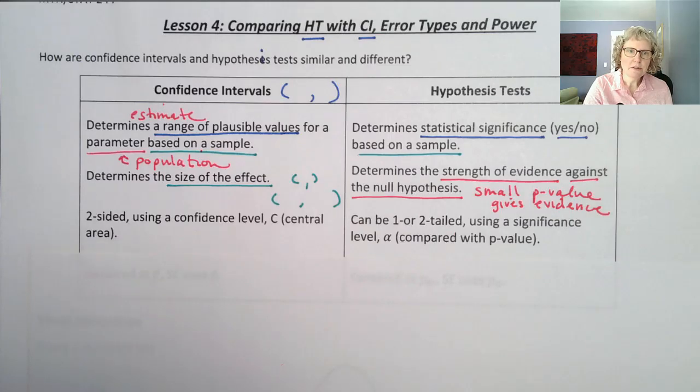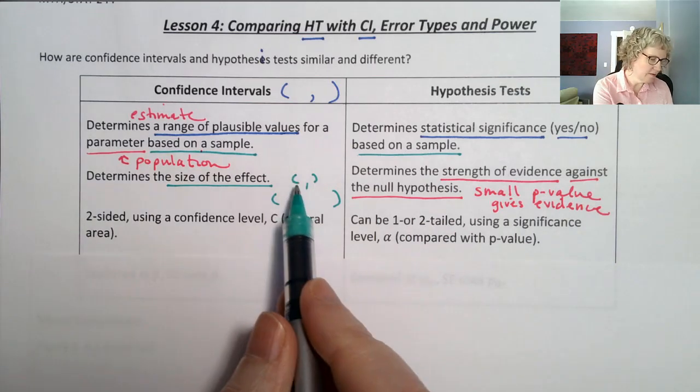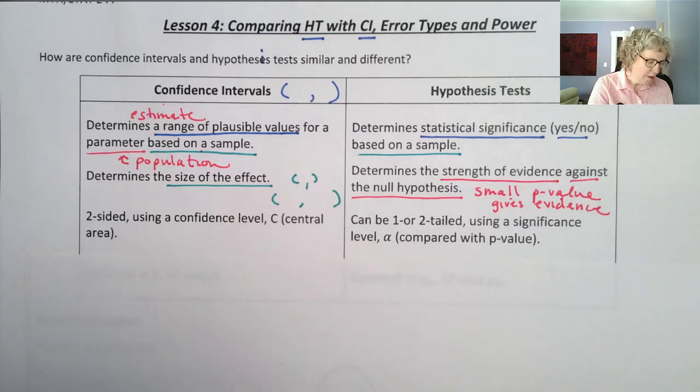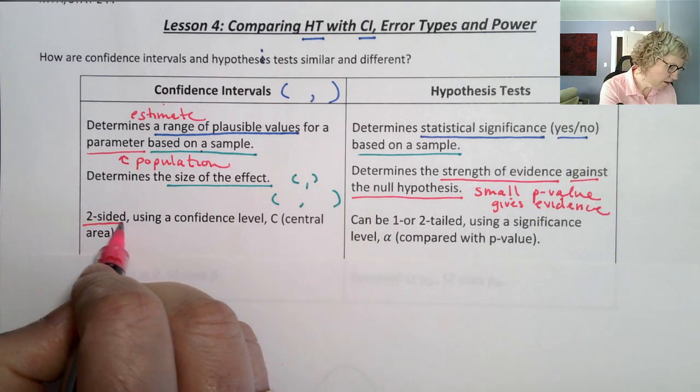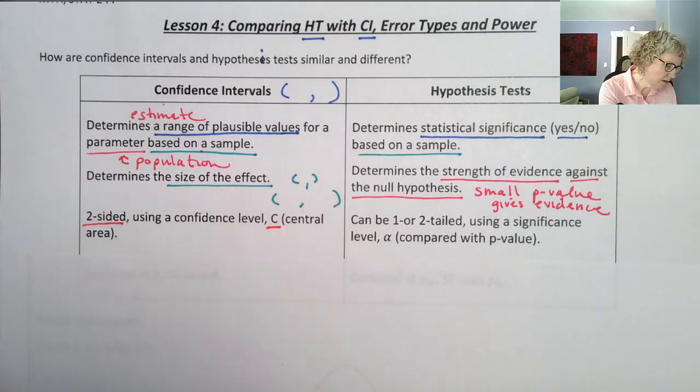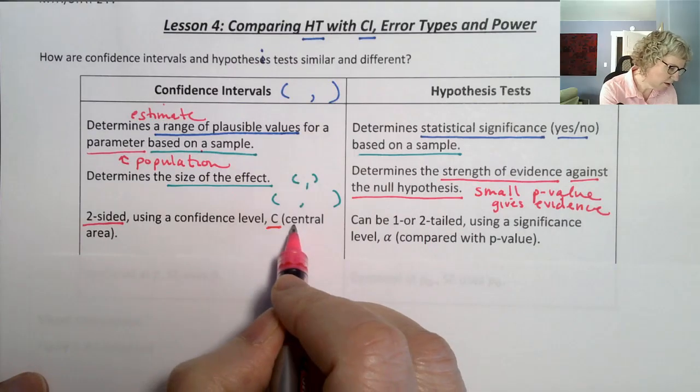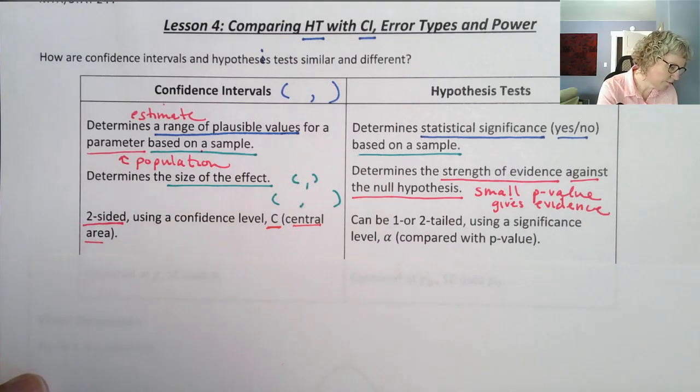Another thing we could compare is that a confidence interval is always two-sided. It always has this lower and upper bound. And we have a confidence level C, like 95%, that's the middle 95% of the area, so we're talking about a central area.